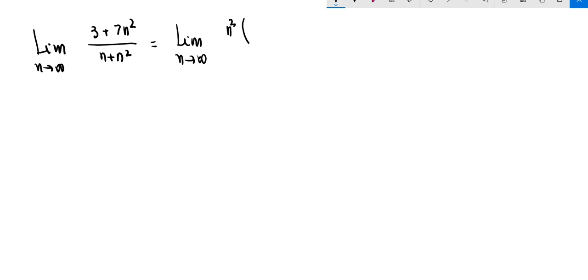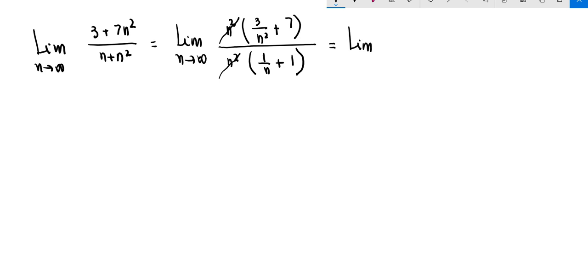We factor n² out of the numerator, so we get 3 over n² plus 7, and then factor n² out of the denominator, so we get 1 over n plus 1. And clearly these two will cancel each other out, so we'll have the limit as n is approaching infinity of (3 over n² plus 7) over (1 over n plus 1).